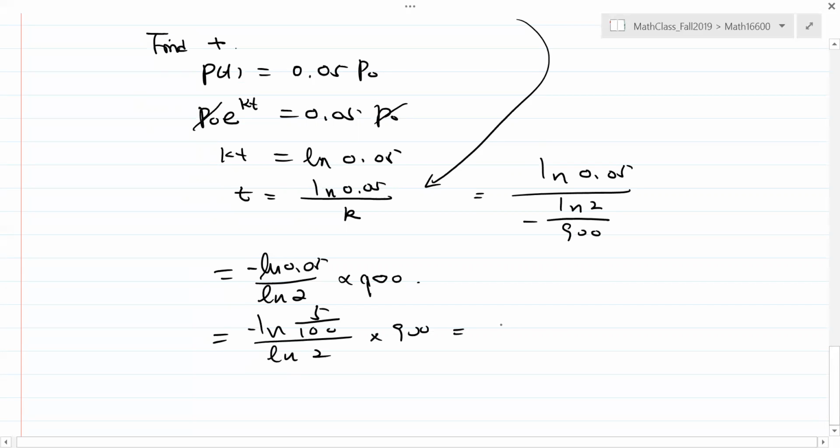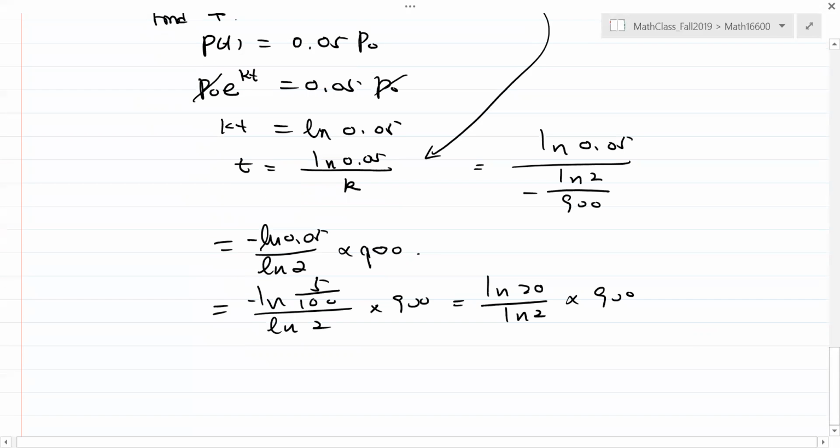So we can change it to natural log of 100 divided by 5, which is going to be 20. Okay, that looks better. 20 is 2 times 10, but we still cannot handle natural log of 10. So that should be the exact value of the number.